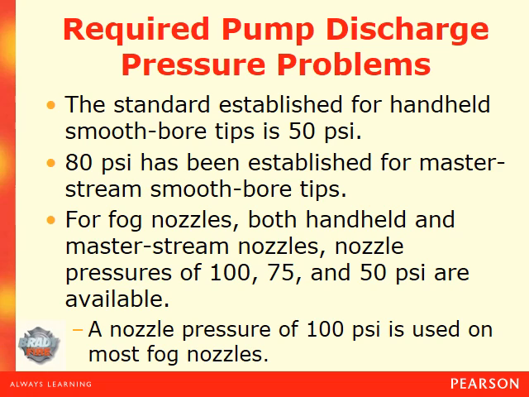You'll need 80 psi for master streams with a smoothbore tip. And then fog nozzles will either be 100, 75, or 50 psi nozzles that are available. And again, that just depends on what the problem tells you. But as a rule of thumb, nozzle pressure on a fog nozzle must be 100 psi.